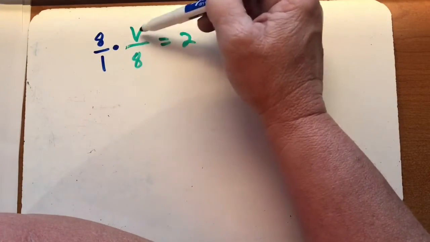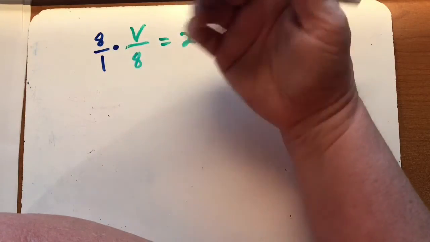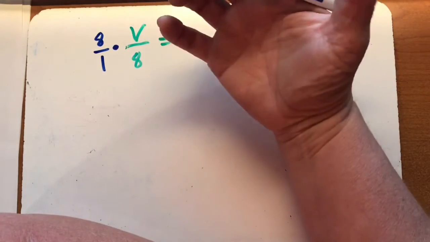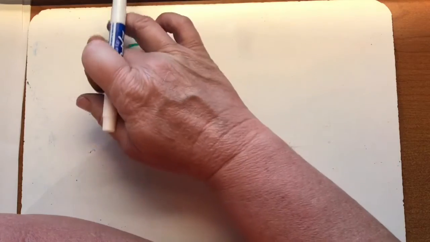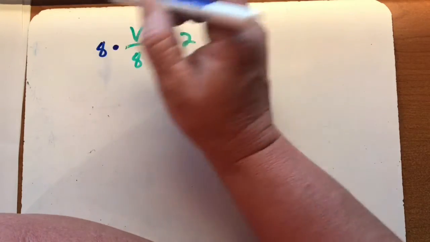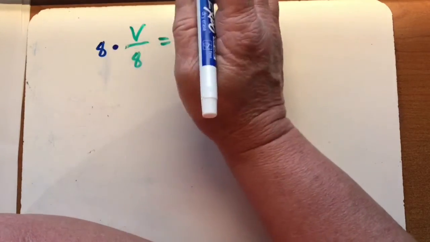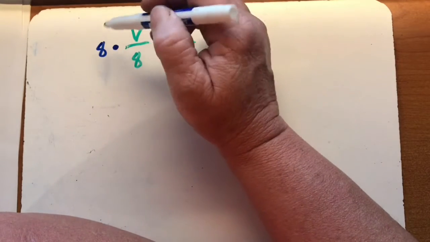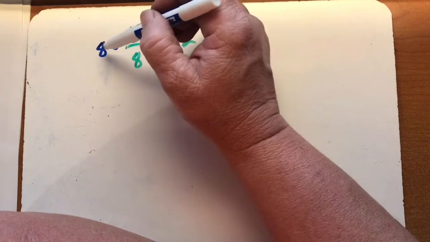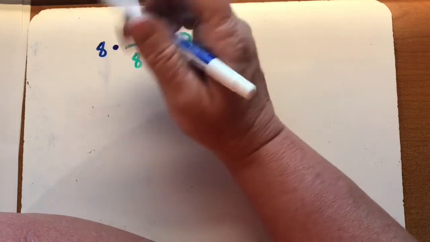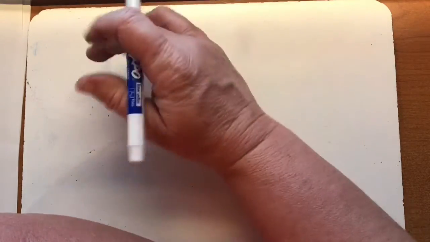This is a fraction. I need to set this up as a fraction so that I don't get confused. I can show it like that, which is totally fine. But sometimes people forget, and they end up multiplying this 8 and that 8 together, and then you haven't done anything but make it a bigger problem.